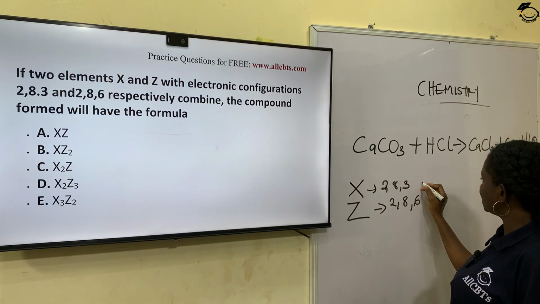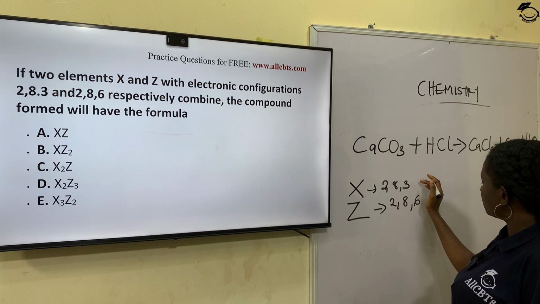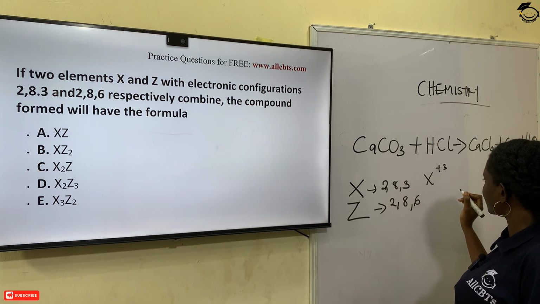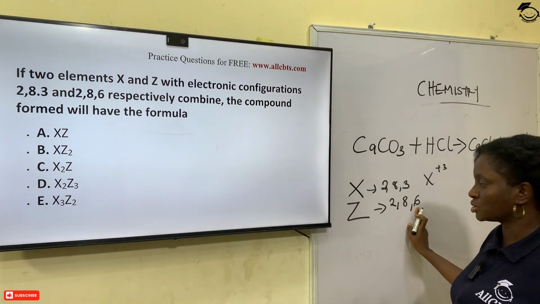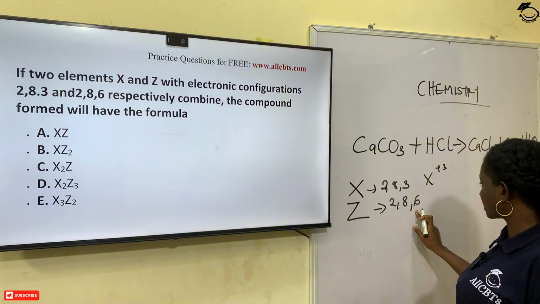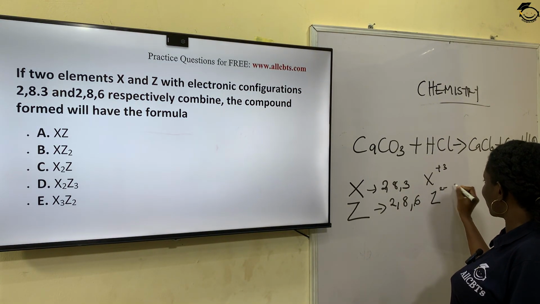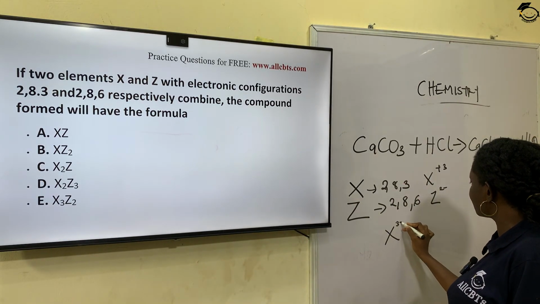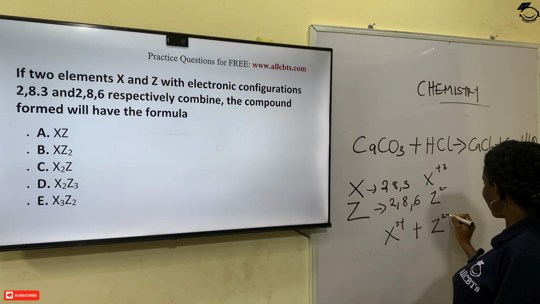Looking at this, we have X with the valency to be +3. Then Z needs 2 more electrons to complete the octet. So Z is 2 minus. If they combine, we have X3 plus and Z 2 minus.